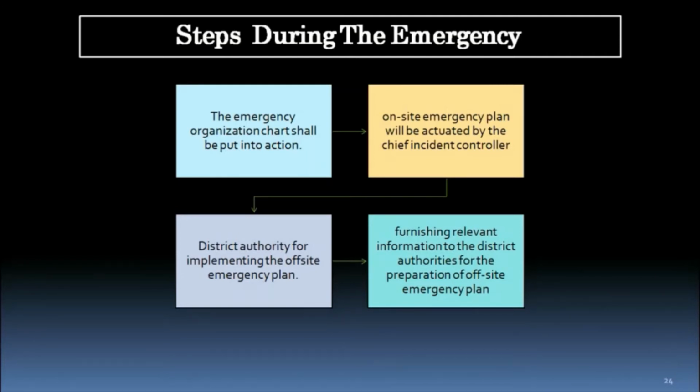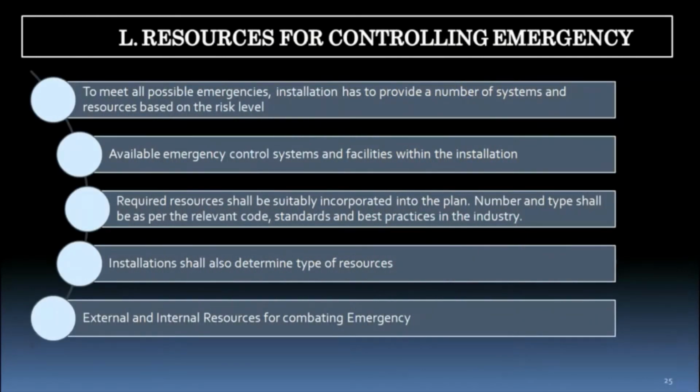When the emergency becomes catastrophic and evacuation beyond the plant premises is considered necessary by the chief incident controller, the situation will be handed over to the district authority for implementing the off-site emergency plan. In addition to preparation of the on-site emergency plan, the installation furnishes relevant information to the district authority for the preparation of the off-site emergency plan.